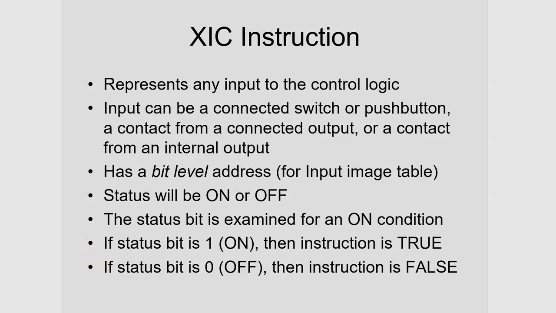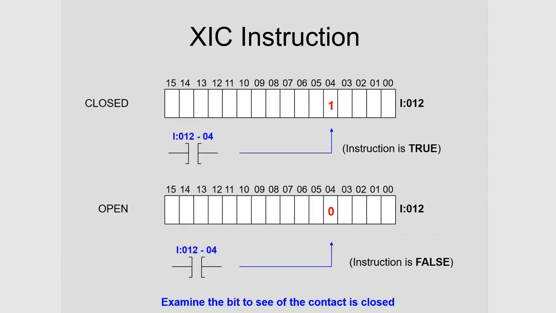So it's better to look at it kind of pictorially. So I have this picture here, and what you see here represents one of the rows of that input image table. So we had several rows on the document I gave you. This is just one row of the input image table. Now what this really is, it's a register. Remember we talked about shift registers? A register just holds bits, 0s and 1s.